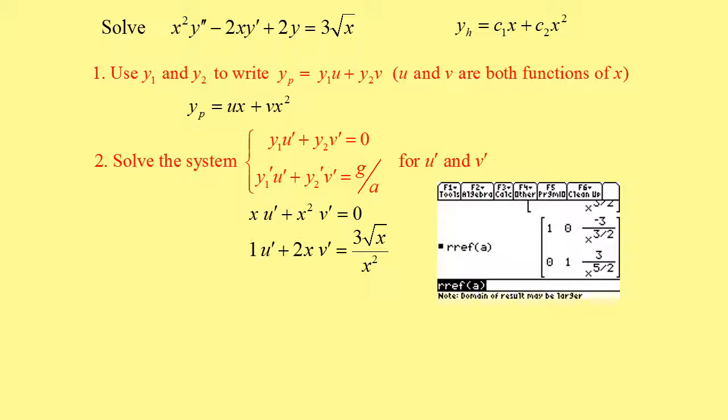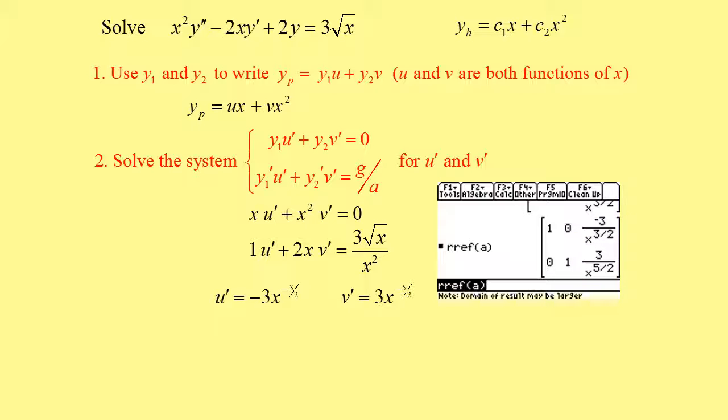So here I've taken my TI-89 and solved the system of equations rather rapidly, and I came up with the two solutions. U prime equals negative 3 x to the negative 3 halves. That's what we see right here. And v prime is 3x to the negative 5 halves, which is what we see here. Now I can show you in class if you need help in solving that either on the TI-89 or by hand if you do not have a TI-89.